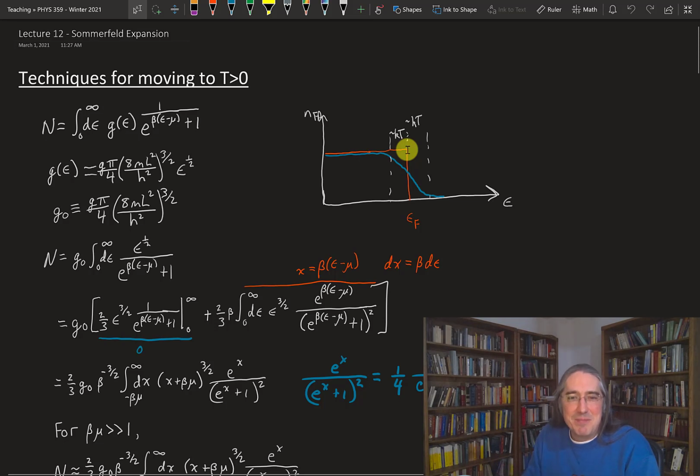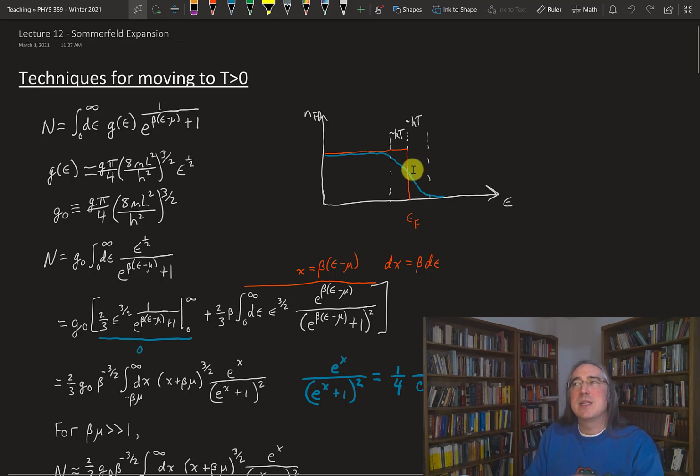It's a historical name. So the filled states at T equals 0 are referred to as the Fermi sea, and this edge where you go from occupied at T equals 0 to not occupied at T equals 0 is referred to as the Fermi surface. Okay, so now I can say what I started to say before, which is all of the change takes place near the Fermi surface.